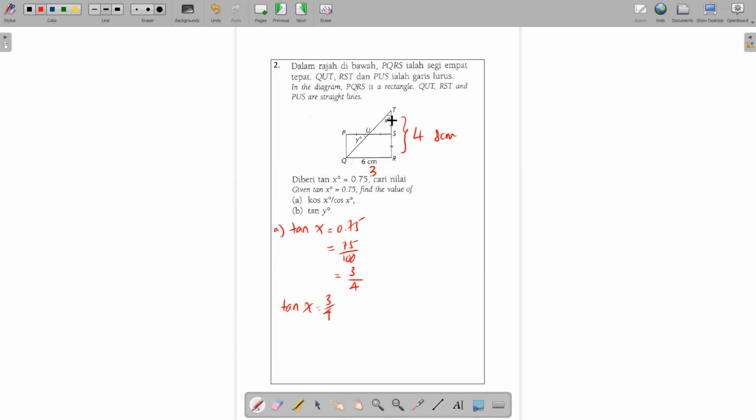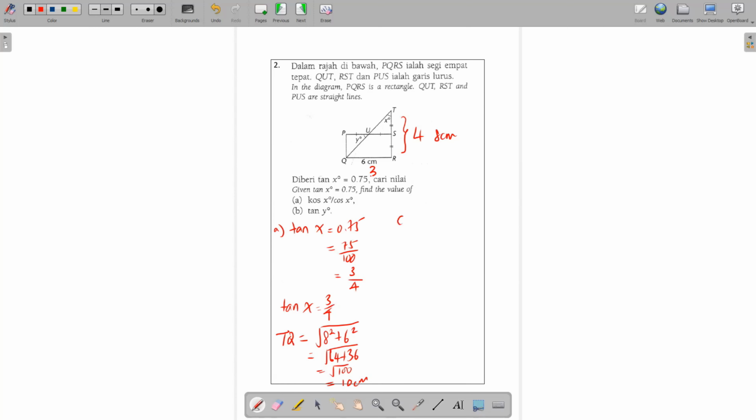They want you to find the hypotenuse as well. So the next thing we need to find is our hypotenuse, TQ. To find our hypotenuse, 8 squared plus 6 squared, and then we square root it. 64 plus 36, add up together, we will get 100. And then we square root it, we get 10 centimeter. So your TQ whole stretch is 10 centimeter.